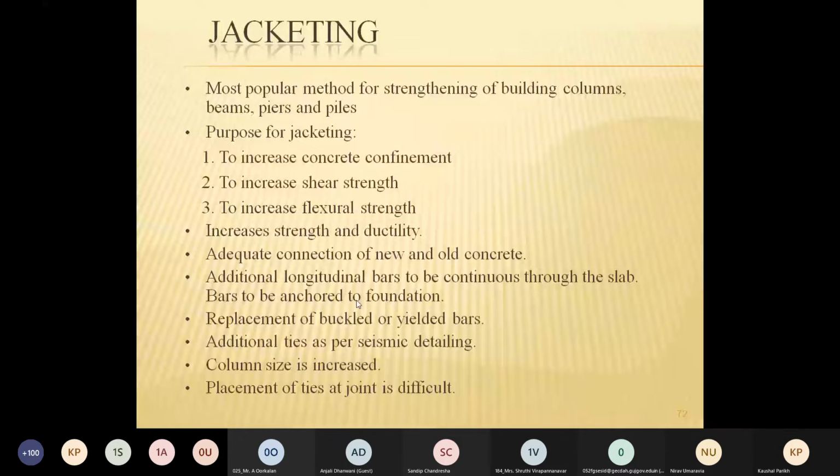The purpose of jacketing is that it increases the concrete confinement, and this confinement may increase the shear strength as well as the flexural strength of the component of the structure. This will also increase the strength and ductility.